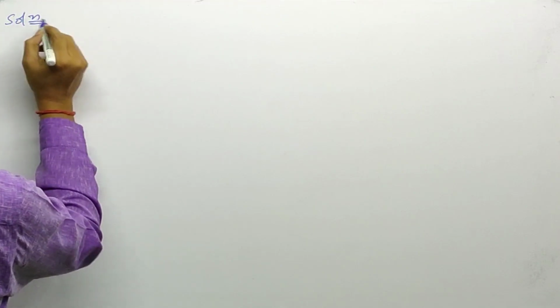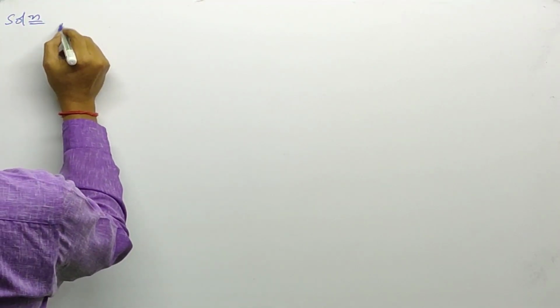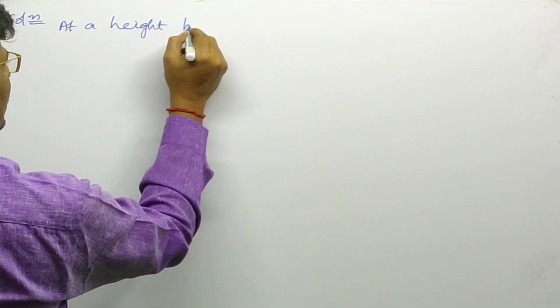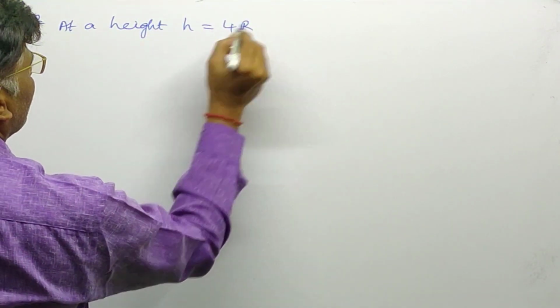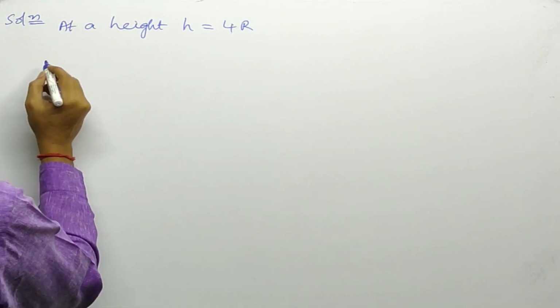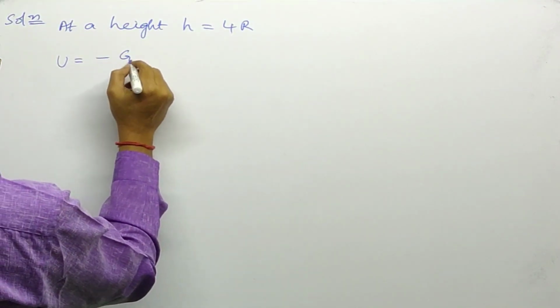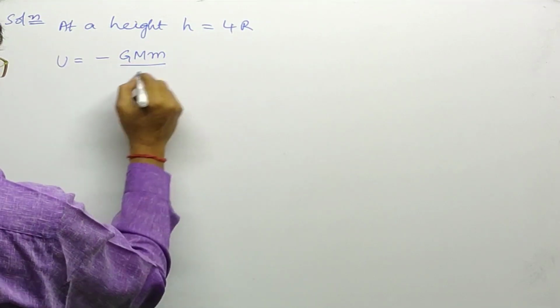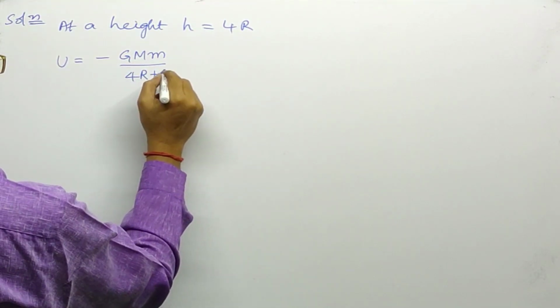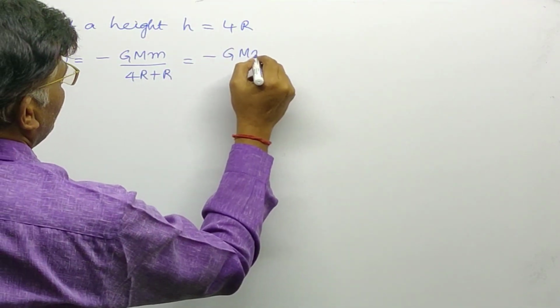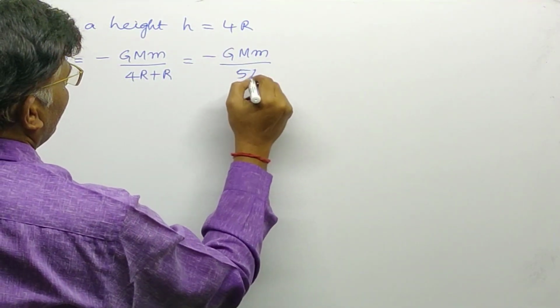Solution: at a height h equal to 4R from the surface of the earth, gravitational potential energy is minus GMm divided by 4R plus R, that is equal to minus GMm divided by 5R.